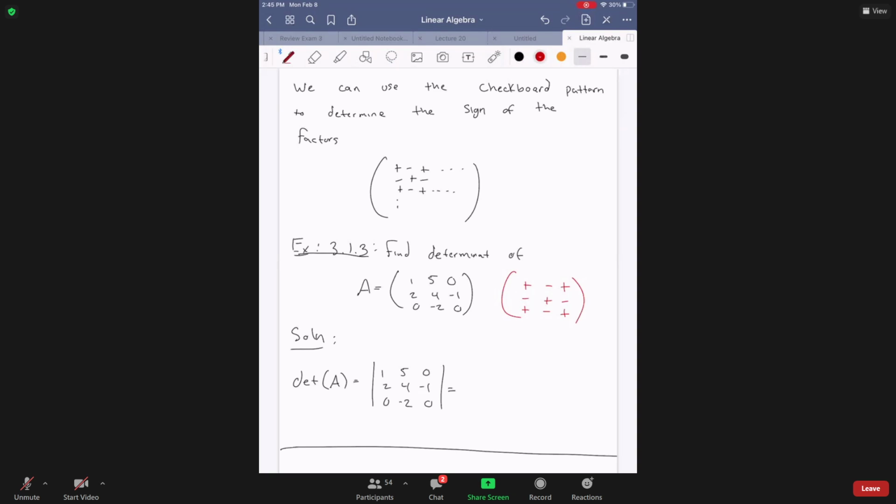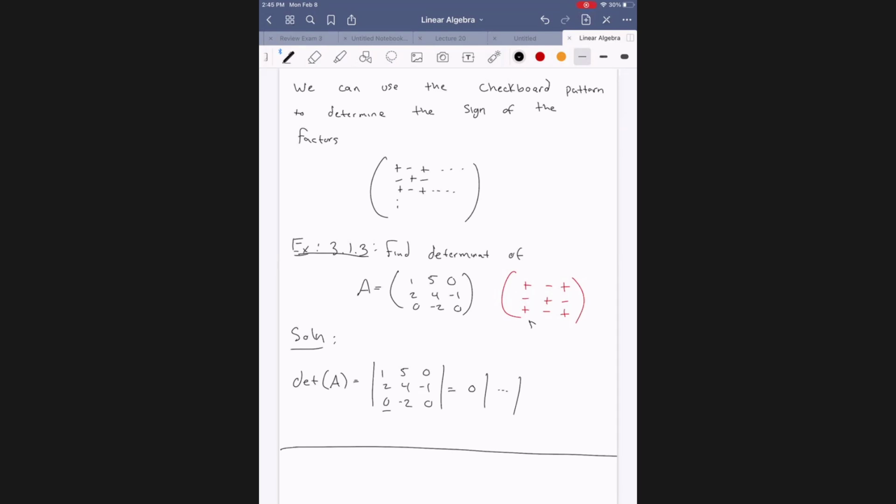So this first one won't matter because it's just going to be 0 times some determinant. So I don't care about that one, right? And I'm going to keep this sign. Now the second one, for the third row, is going to be minus, so it's going to be negative 2 times the determinant of 1, 0, 2, negative 1.